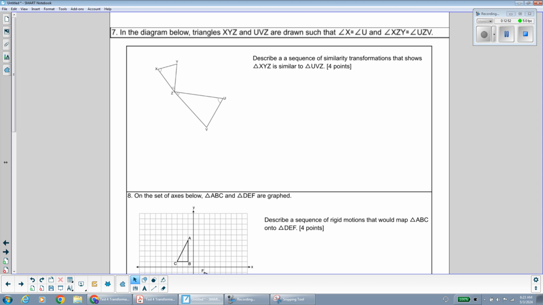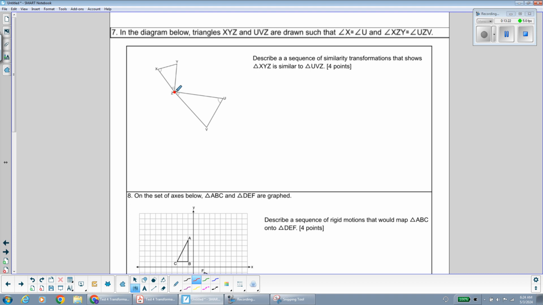It doesn't matter the order, and we're going to try to describe as fully as possible without making anything up. So if I'm describing first my rotation, I need a center of rotation, and I also need a direction. So these triangles are both attached at point Z. So notice how point Z stays in the same spot when this becomes this.